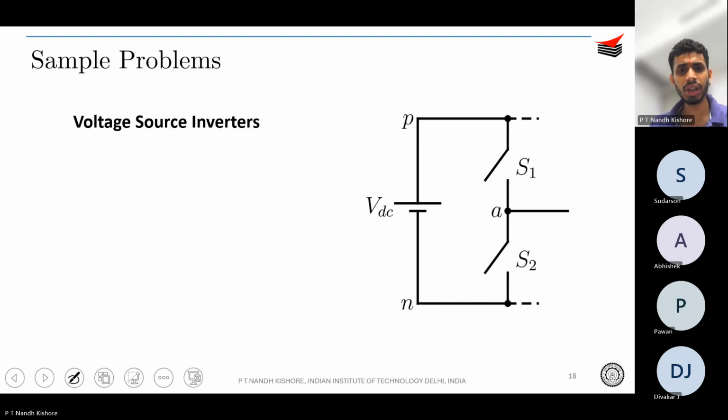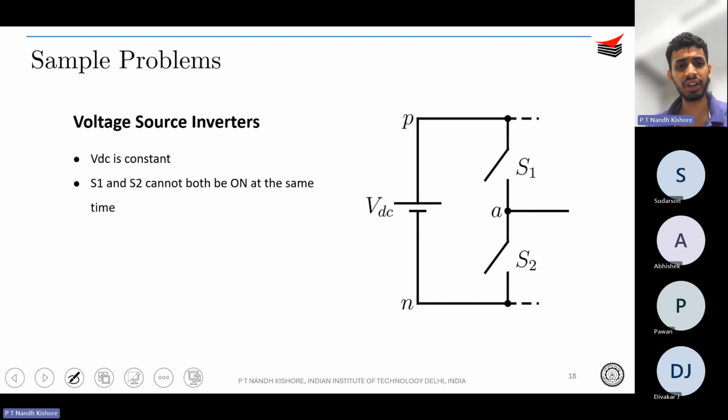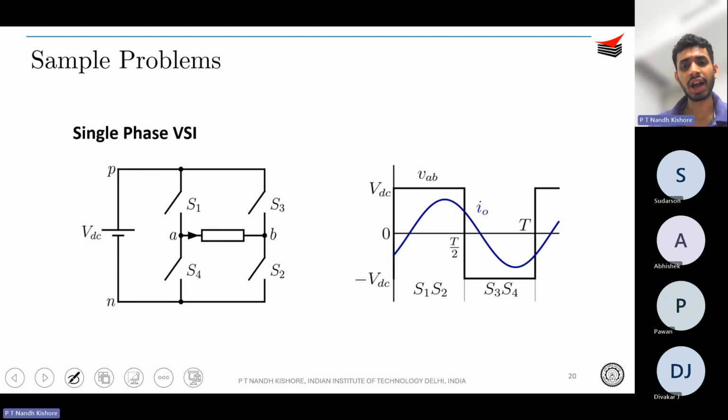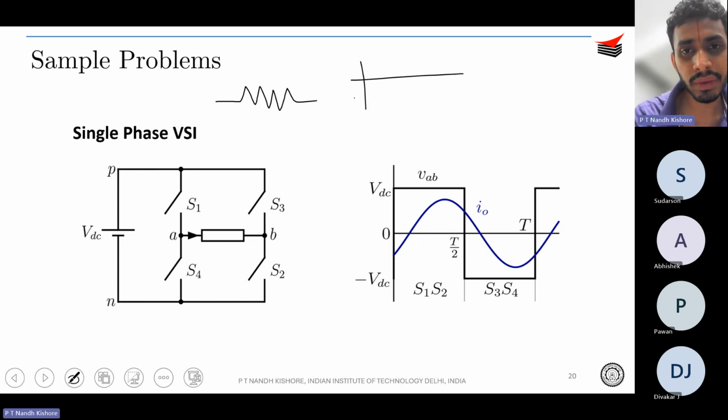Why? If you take the voltage source inverter, the current I naught can be something like this. If the load is a pure resistor, then your current is going to be a square wave.